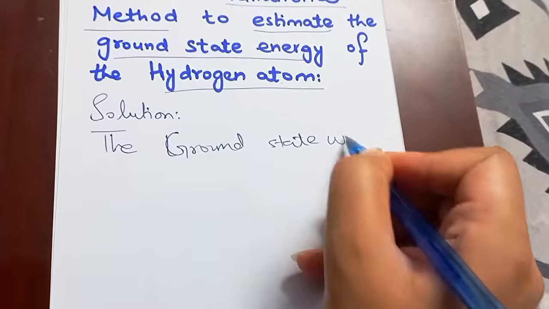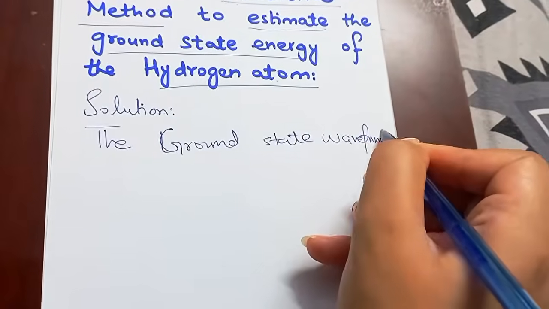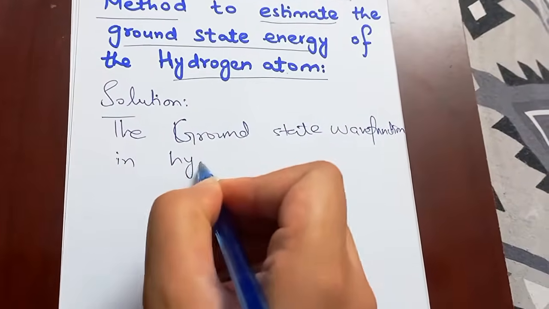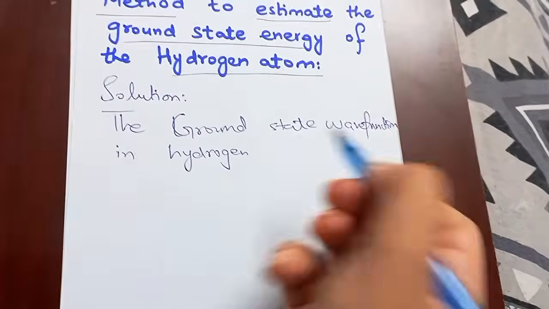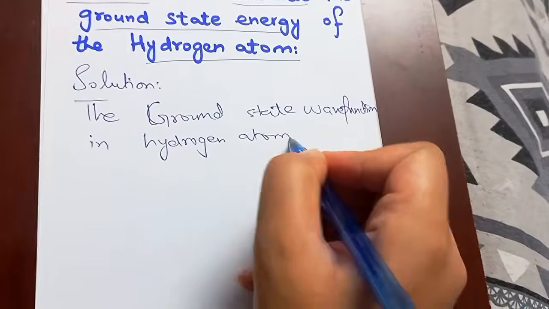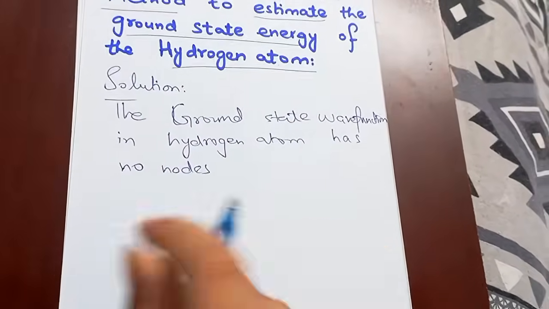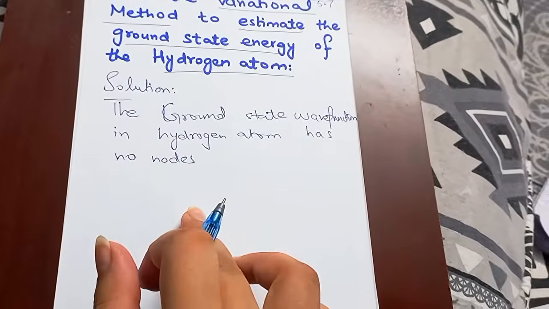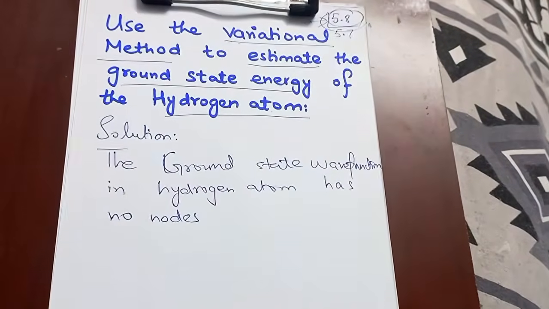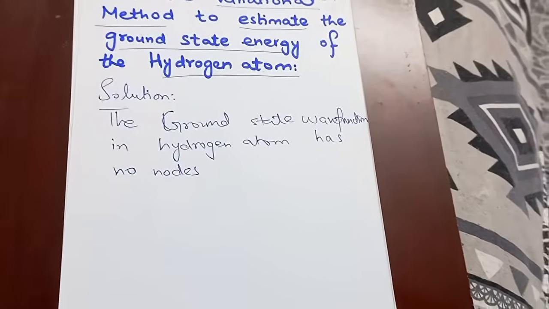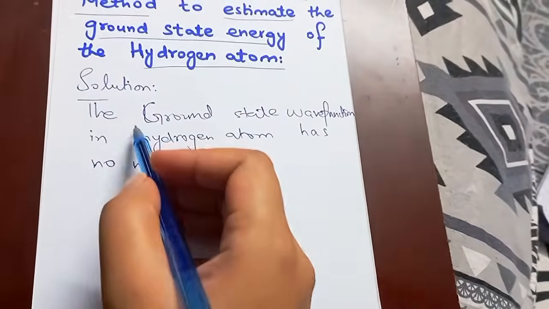wave function for the hydrogen atom has no nodes. This is a really basic requirement that we are imposing on the hydrogen atom wave function, since the wave function of the hydrogen atom is really straightforward and simple.